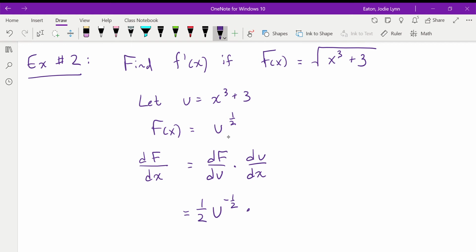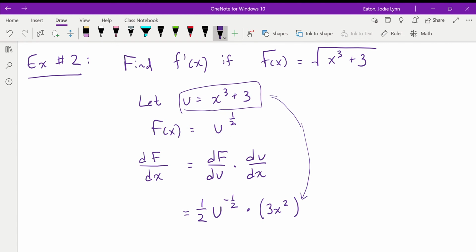So the derivative of our u is going to be 3x squared. And we don't have anything else because the derivative of 3 is 0. So we have our derivative of F with respect to u, and then we have our derivative of u with respect to x.